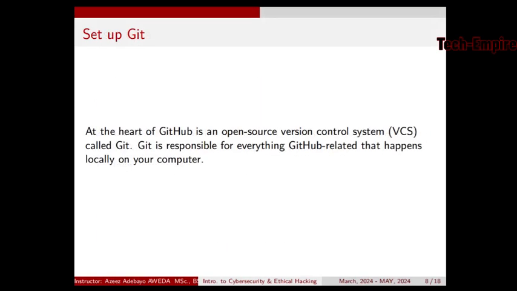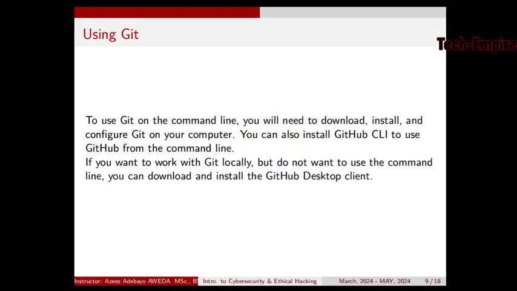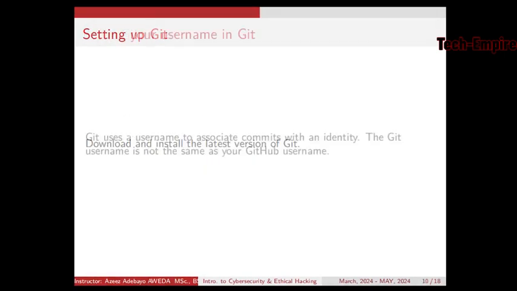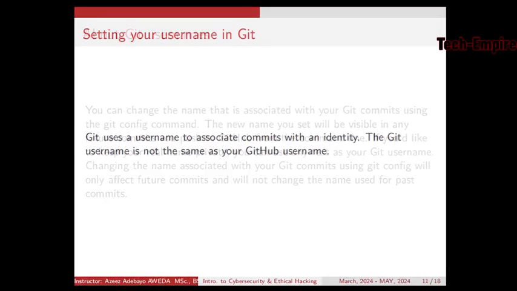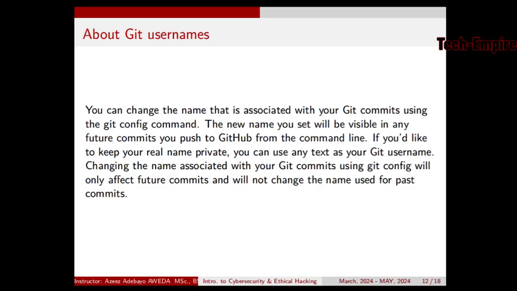Then also this is just like a repetition of what we mean by version control, and how to use Git. So mostly this is what we are going to be using. Yes, I want to quickly differentiate something here about Git usernames.